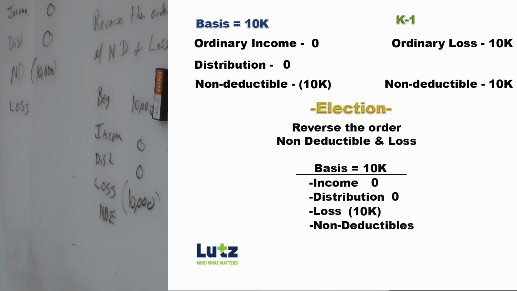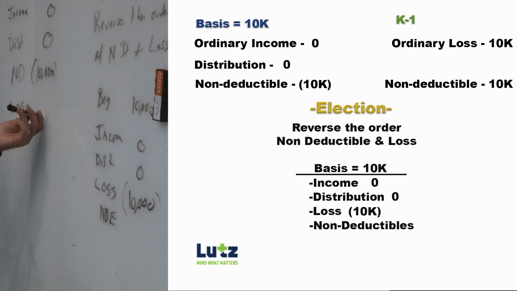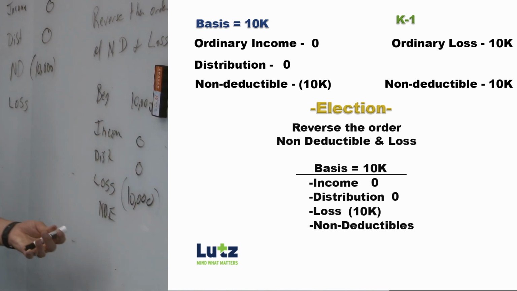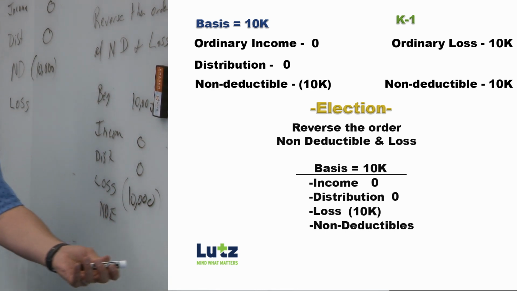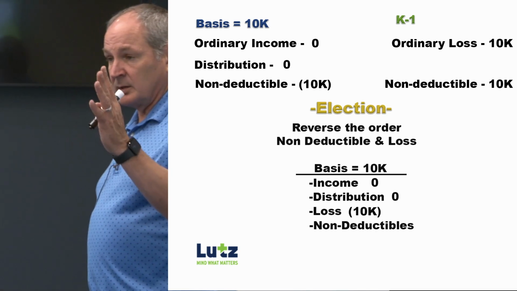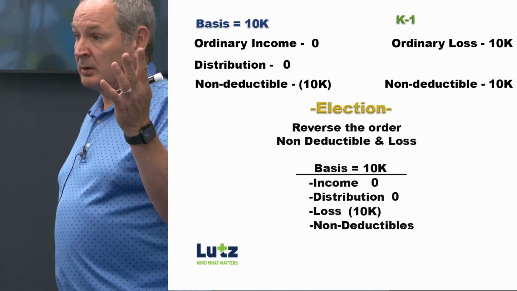Well, under our normal rules, if I get to 0 basis, the non-deductible disappears, right? Okay? So using that same logic, if I get to 0 basis and we never account for the non-deductible, under the basic rule that we talked about, the non-deductible would disappear. Right? Yeah. Wrong.